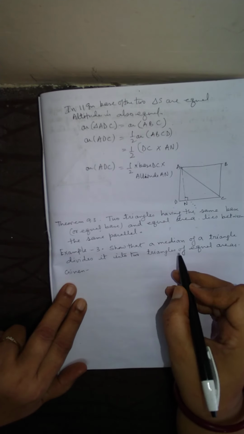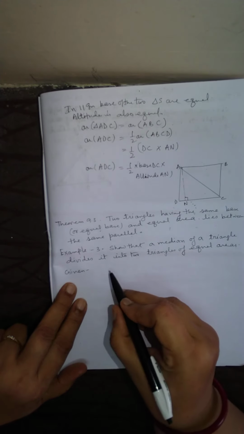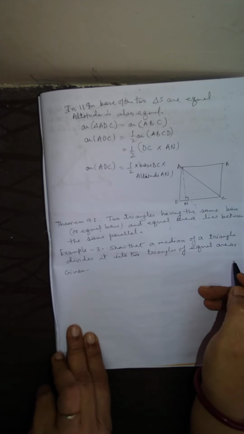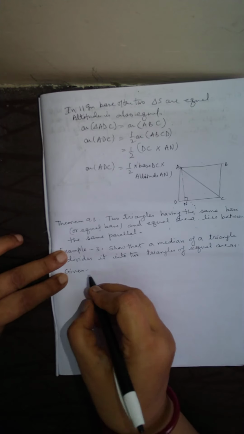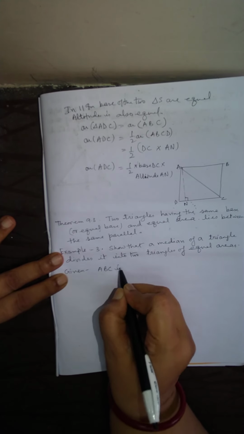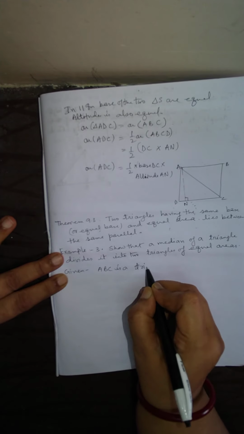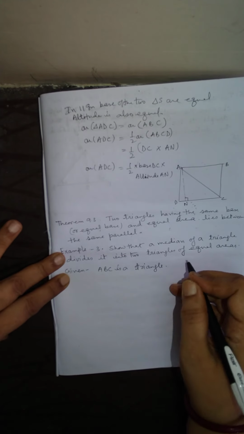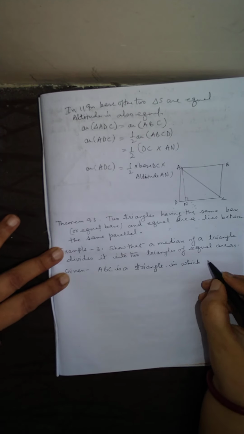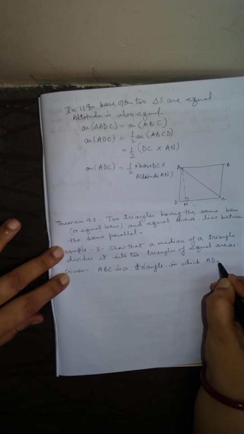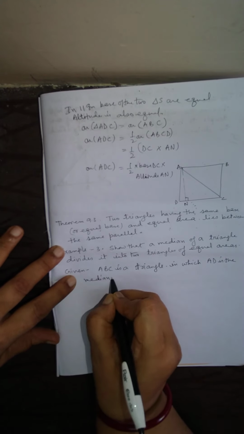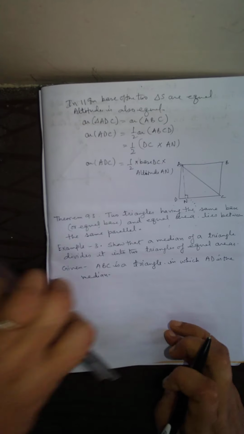Show that a median of a triangle divides it into two triangles of equal area. So given is ABC is a triangle in which AD is the median. Okay, let us draw the triangle.